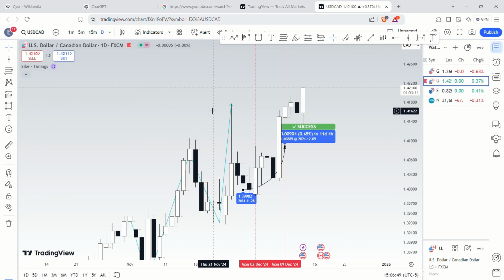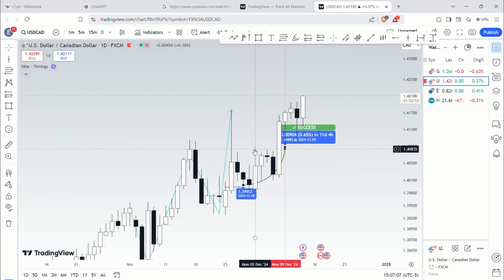So imbalance filled, daily time frame order block, weekly time frame bullish market tendency. So we have three confluences for this particular trade. So with three confluences, we can say that we have enough reason to want to take a buy.